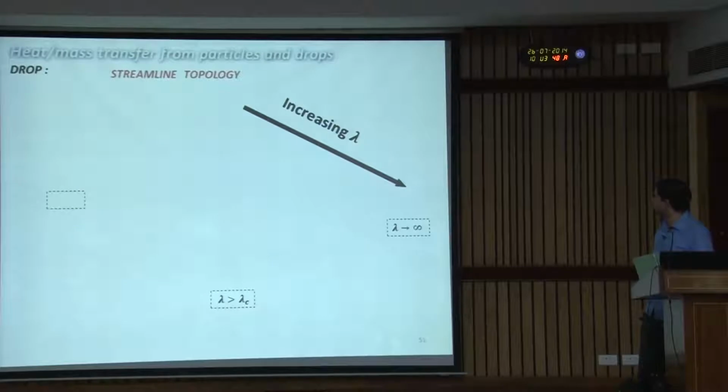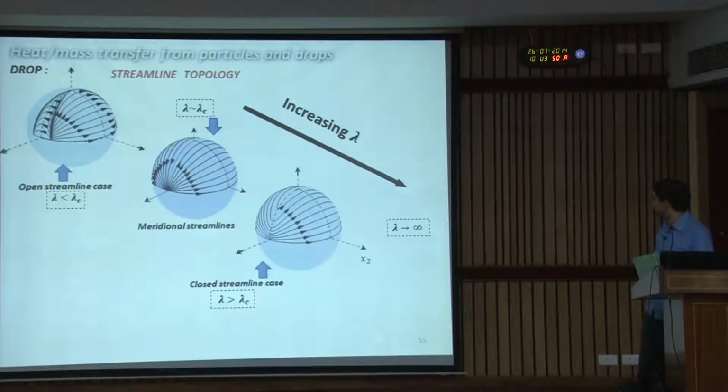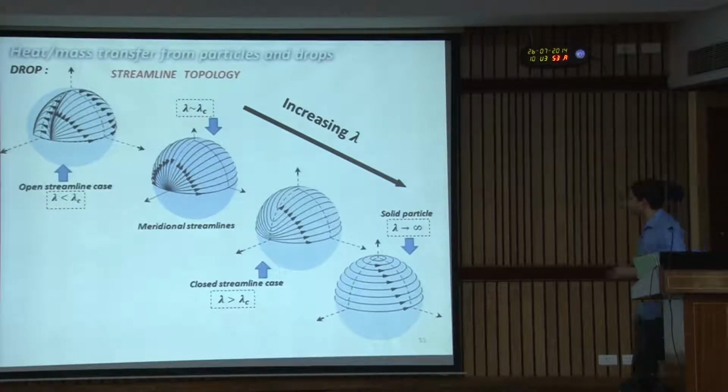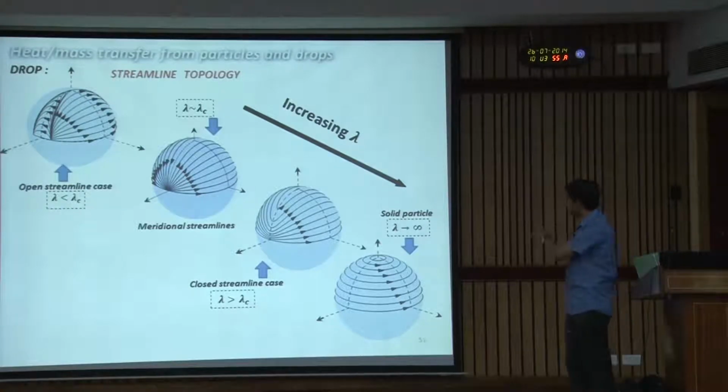Just to tell you what is really the behavior of the Jeffrey orbits with viscosity ratio. Here again I have a solid particle, where the Jeffrey orbits, if you want to speak of Jeffrey orbits for a solid particle, are circles. Then as you decrease the viscosity ratio, they become stretched out.